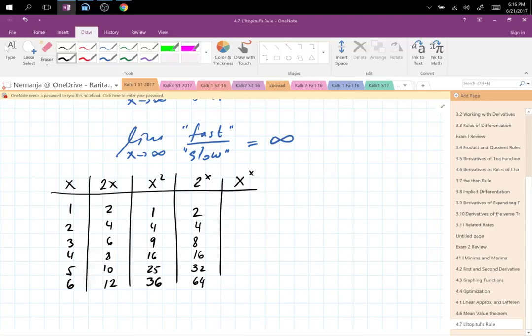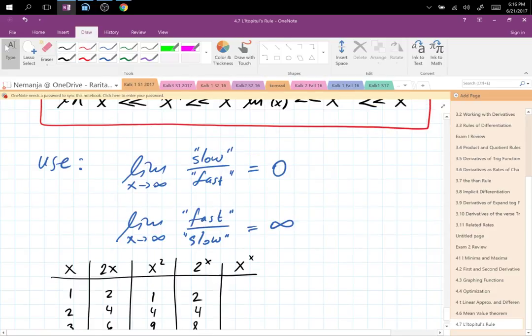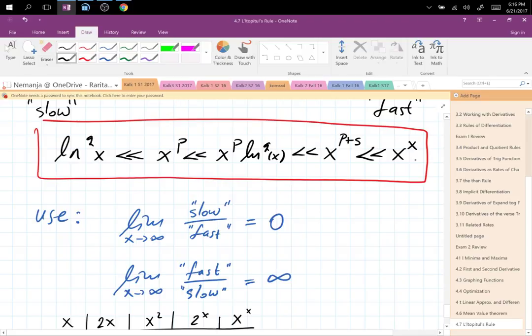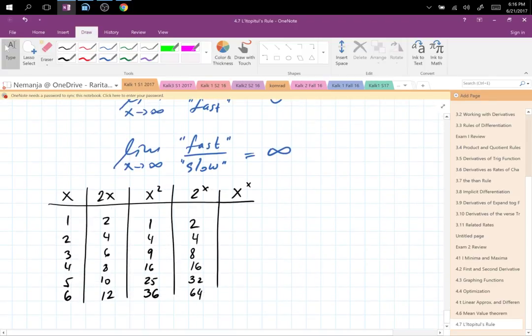But x to the x is the boss of all of these. X to the x at the end means fastest. 1 to the 1 is 1, then 2 squared is 4, then 3 cubed is 27. Look at that. Then 4 to the 4 is 256. You see what's happening here?